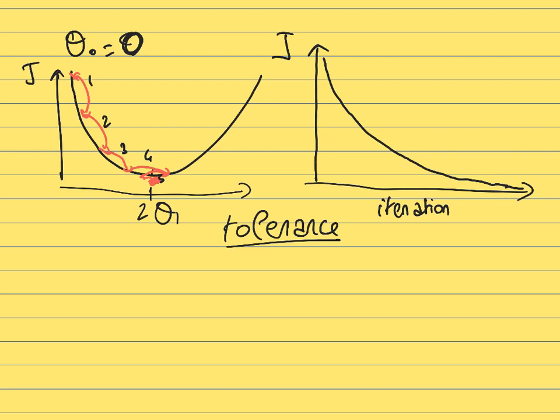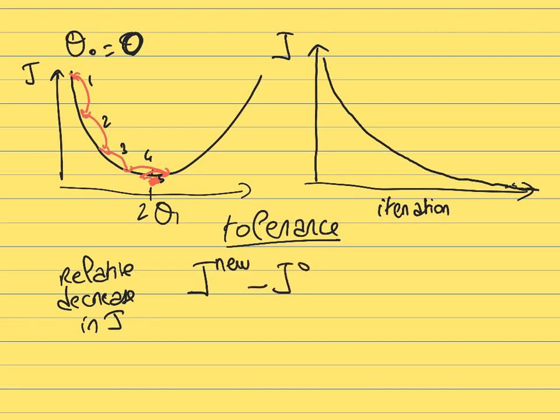One way, for example, is to look at j. When you are very close to the minimum, you see that j starts to plateau and does not decrease a lot. So one thing that you can look at is the relative decrease in j. If you take one step of gradient descent, the relative decrease would be the new value of j minus the old value.